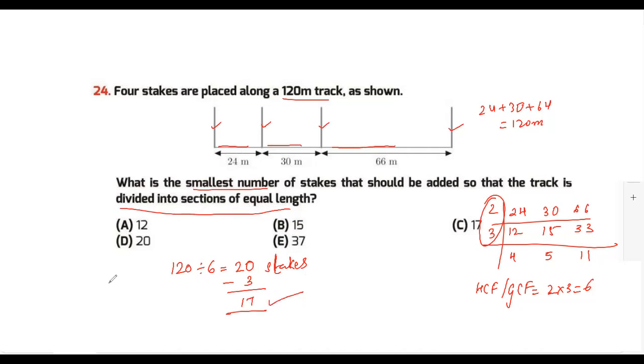So my answer is 17. Actually, it should be divided into 20 equal lengths, and out of them 3 lengths have already been divided. So I need to put in 17 more so that the track is divided into equal lengths of 6 each.